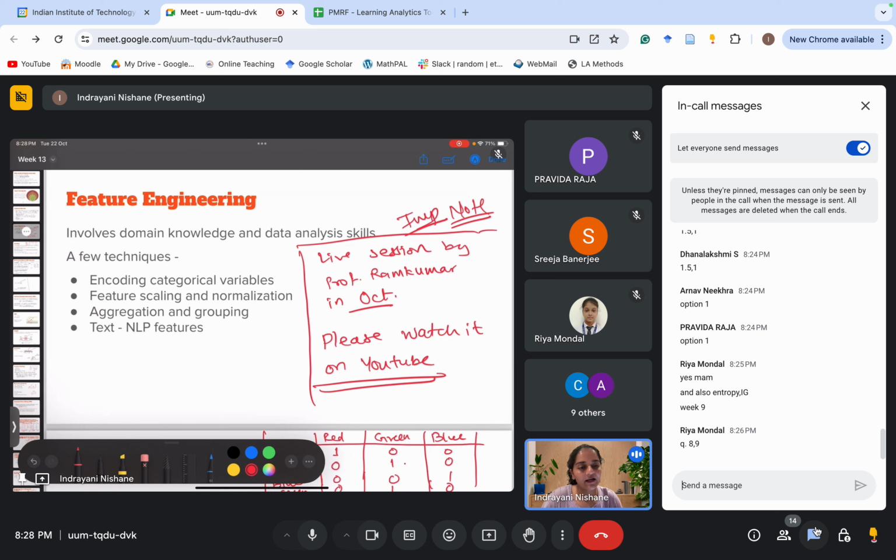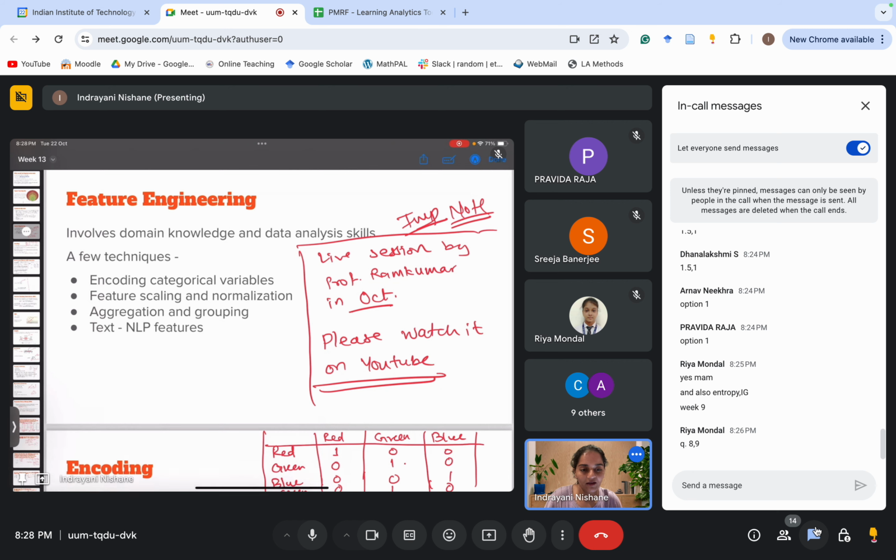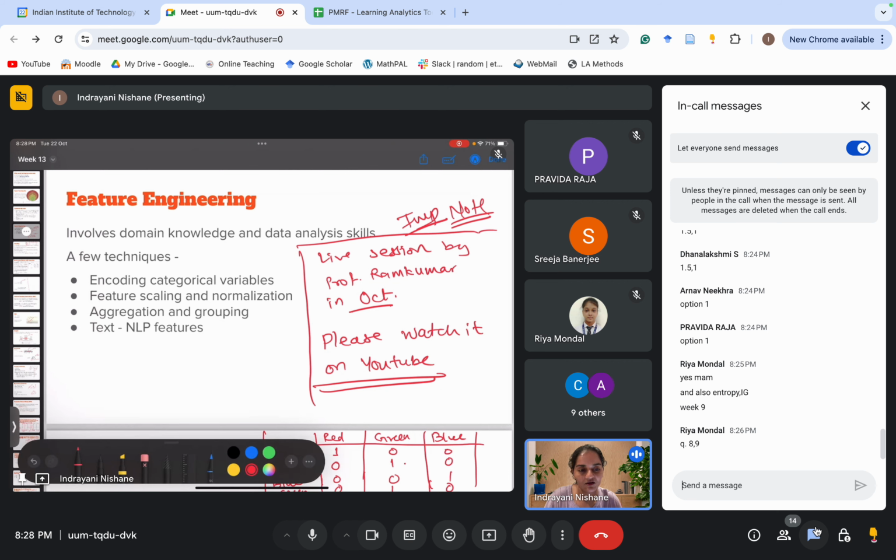It was decided 3 years back, when I was TA of the course, handling the discussion forum and setting the question paper, that questions on entropy and information gain would not be included in the final exam, because the calculations are more rigorous and may take a lot of time.